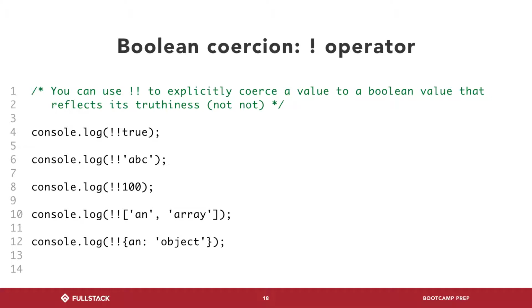Because if ABC is true, bang ABC is going to give you back what? False. And so what's bang of false? True, right? So basically, the double exclamation mark is a way to use implicit coercion to convert whatever you have now into its Boolean form, which is either going to be true or false, right?